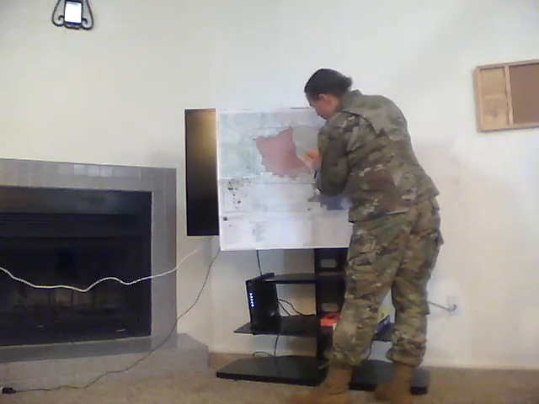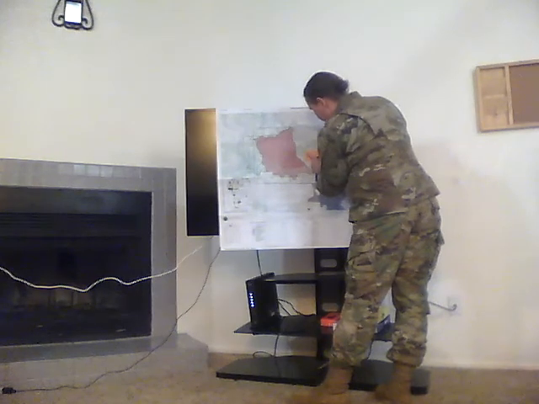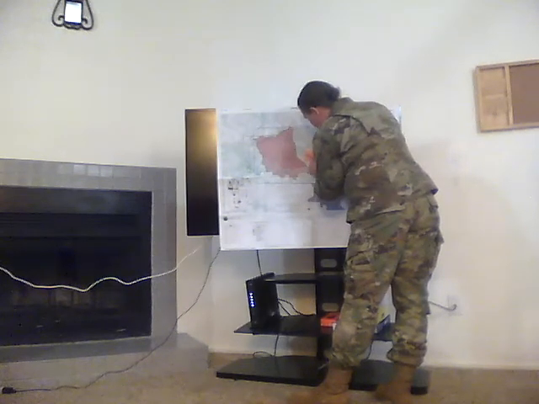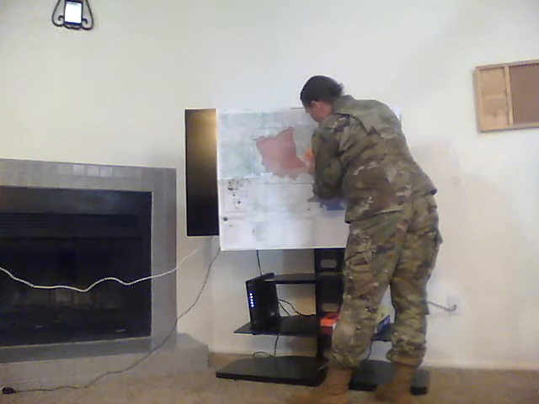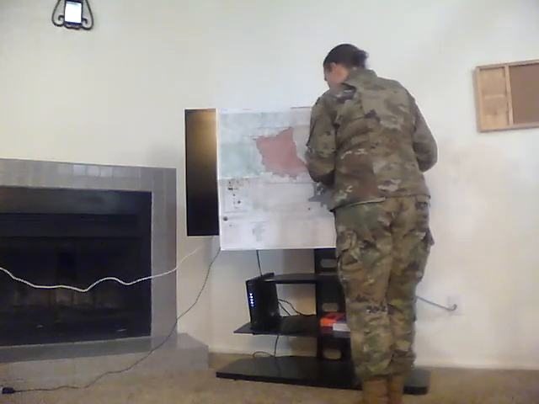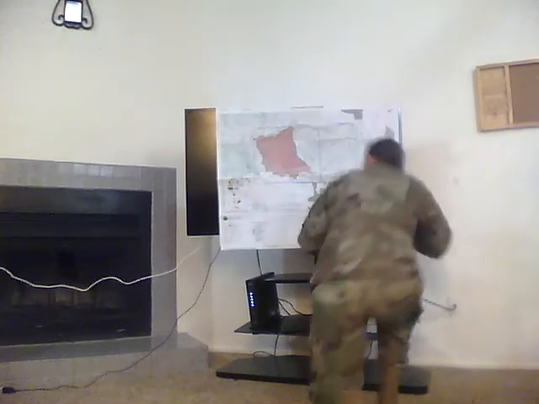Point A is your starting point and then your stopping point. You mark one line here, which is your end point, and then you go down here and measure it on the scale.